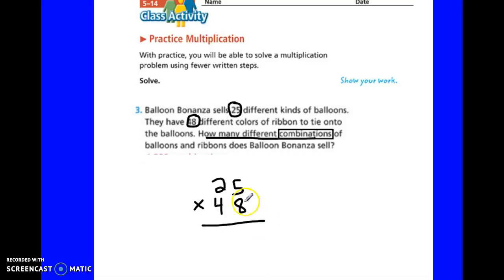All right. And go ahead and work on solving that one on your own. All right, let's see how you did. I'm going to go ahead and draw my turtle here. 5 times 8 is 40, 0, carry my 4. 2 times 8 is 16, plus my 4, 17, 18, 19, 20.